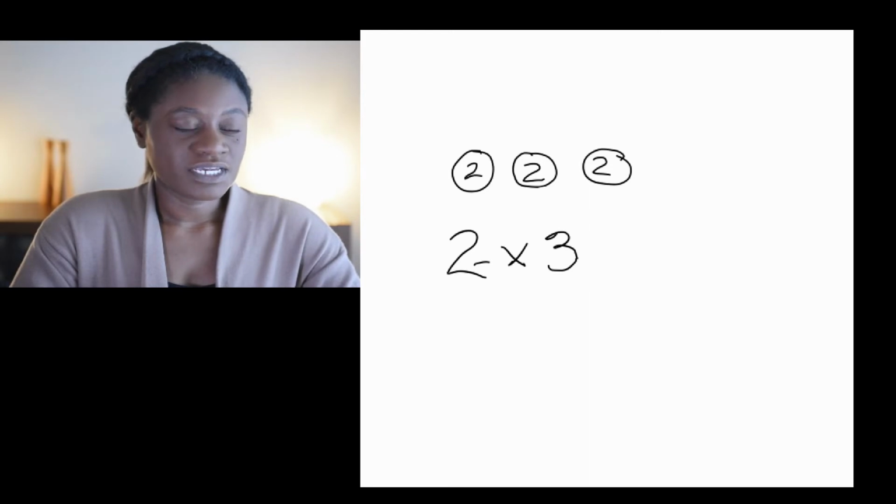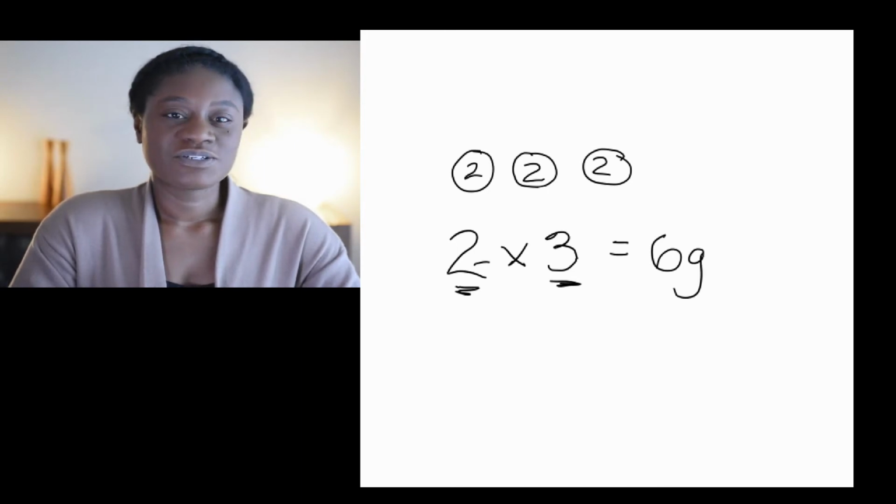There's 3 weights that are 2 grams each. 2 times 3 is 6. So that's our total weight. 6 grams. 2, 4, 6.